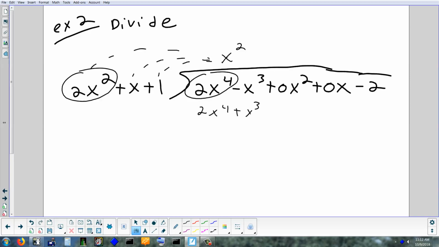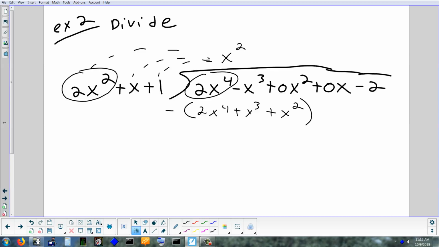Put it under the x cubed. x squared times 1 is x squared. Put it under the x squared. Okay, and Nathan, what am I doing with all those columns now? What do you mean? Like, what's our next step? Oh, you'd want to subtract the... Subtract.